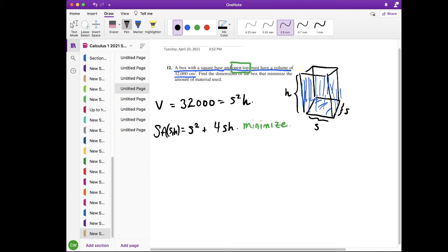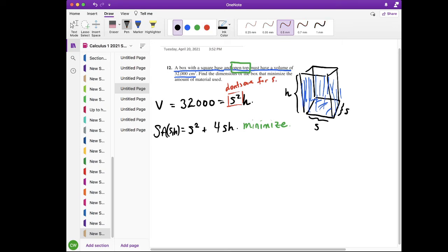Yeah, H is probably the easier one. I mean, you could do S as well. But yeah, there's a problem with S because you'd have the square root, right? So don't solve. Yeah, so solve for H.